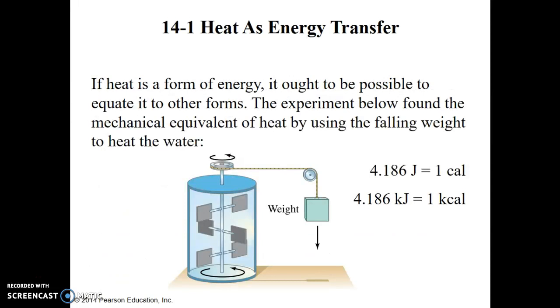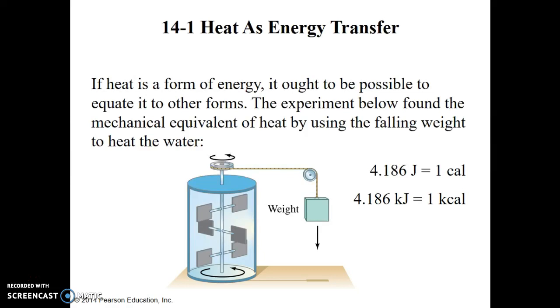Now, since heat is a flow of energy, it should be possible to equate that with other types of energy that we've discussed previously. In other words, the calorie should somehow be related to the joule. Now, this experiment pictured here was developed by James Prescott Joule, the same man that the unit of joule was named after.